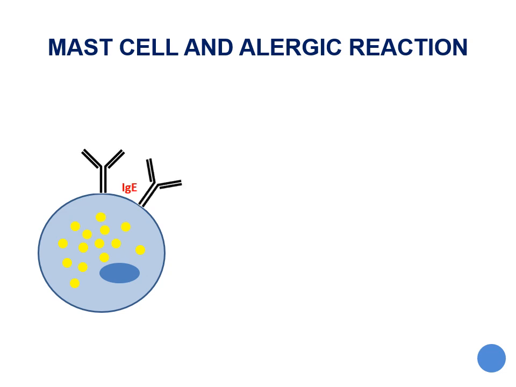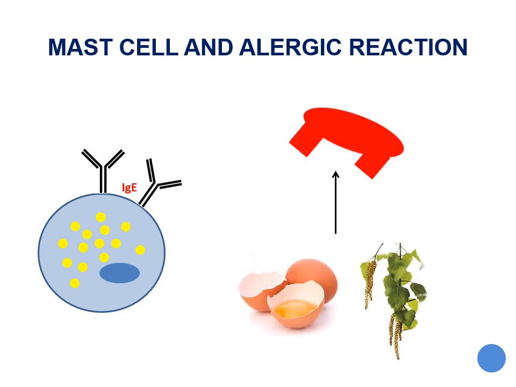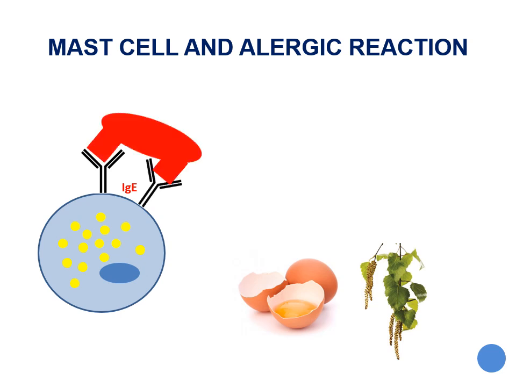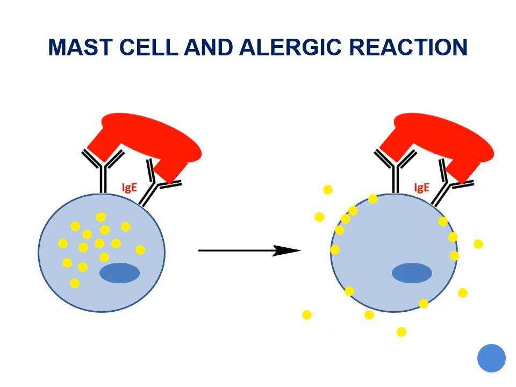This is mast cell. It has immunoglobulins on the surface, and it interacts with the allergic epitope. Once it is activated, it releases all of the granules and sends the signals further.